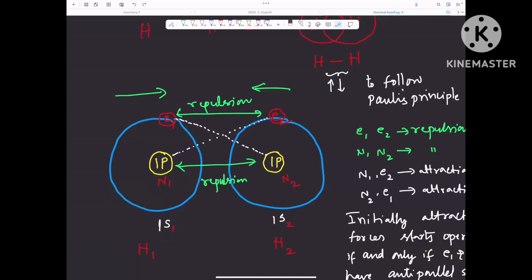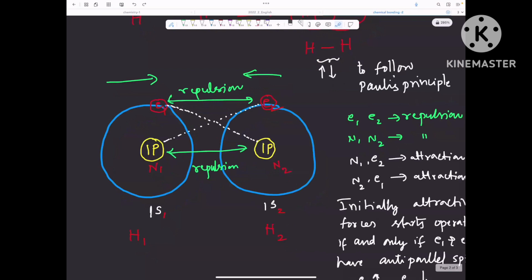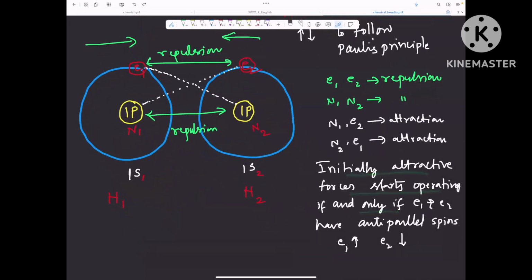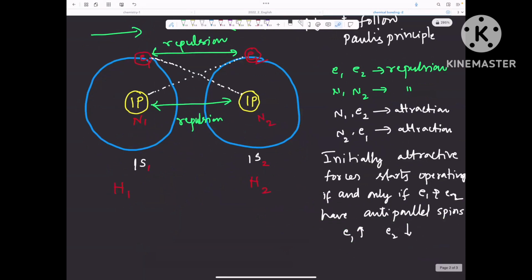Simultaneously, the first nucleus attracts the electron of second hydrogen atom. The nucleus of second hydrogen atom attracts the electron of first hydrogen atom. Consequently, initially attractive force starts operating if and only if E1 and E2 have anti-parallel spins. This is a mandatory condition, anti-parallel spins.